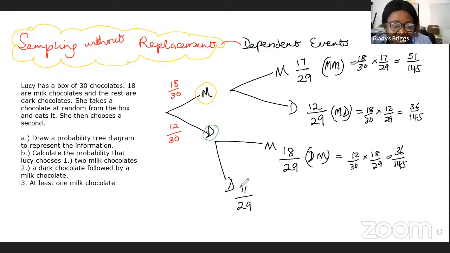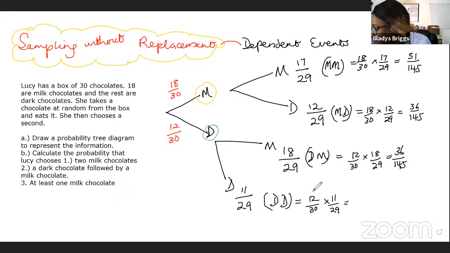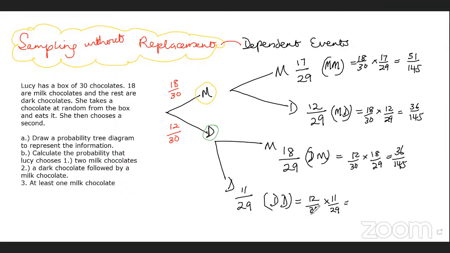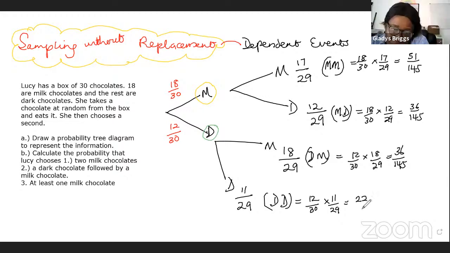And then the last one is dark chocolate and dark chocolate, which is 12 over 30 times 11 over 29. And what's that then? 22 over 145. So now you got all the four sorted. Now you need to answer the questions.